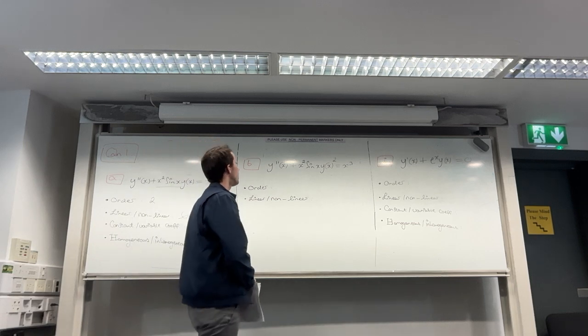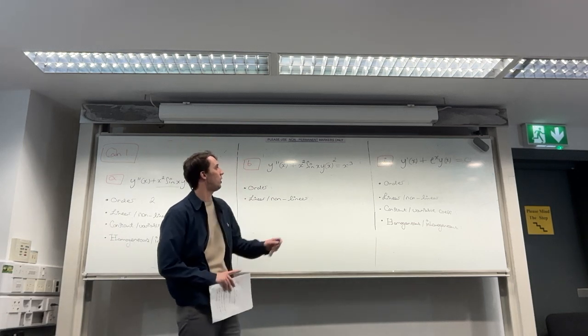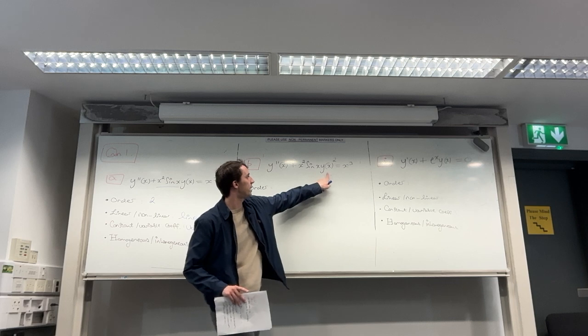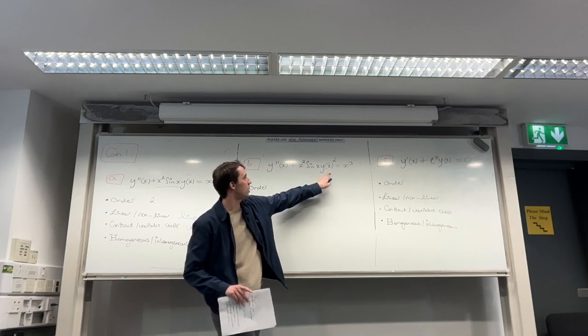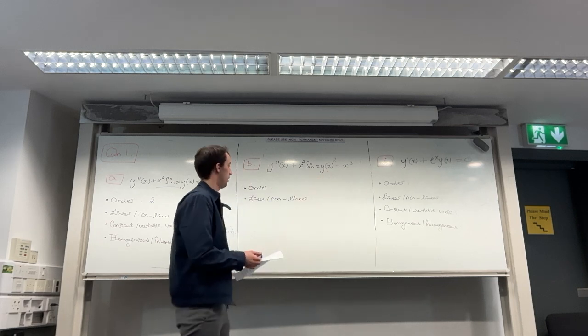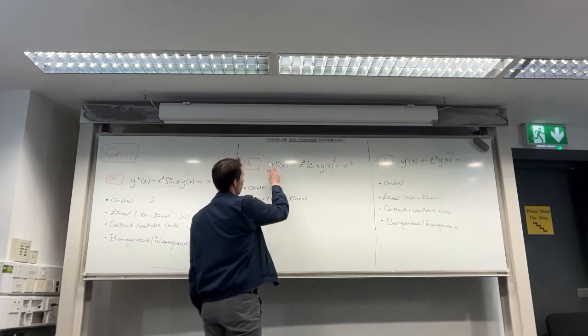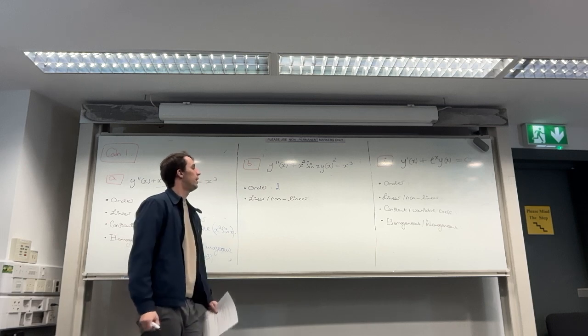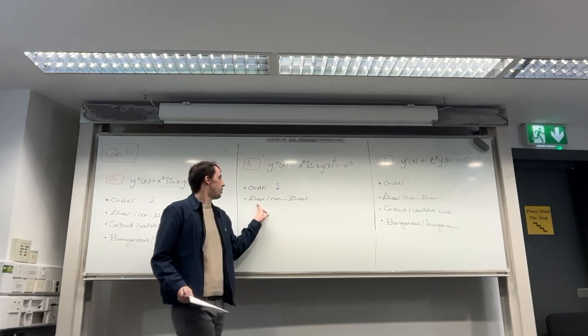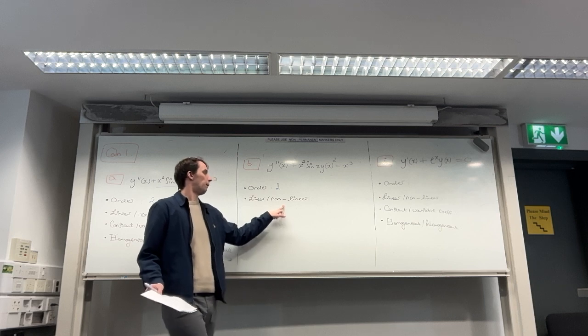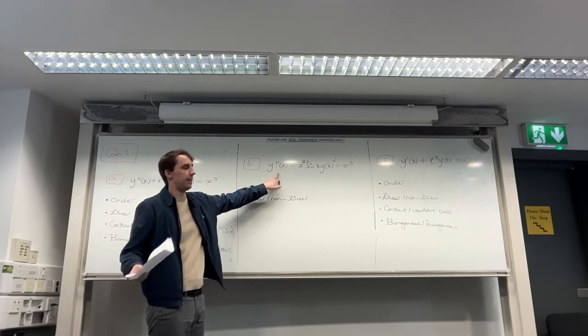So in part B, we're given the exact same equation with one small difference. Instead of y in the second term, we have y squared. So again, the order of this equation would be the same, 2, the order of the highest order derivative. Now, is the equation linear or non-linear? Well, this first term here, it's linear in y.